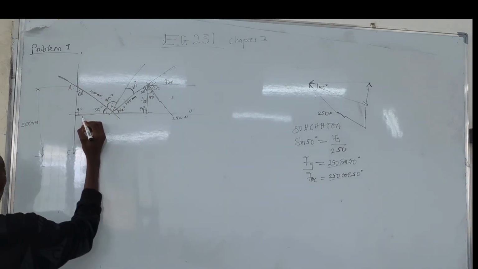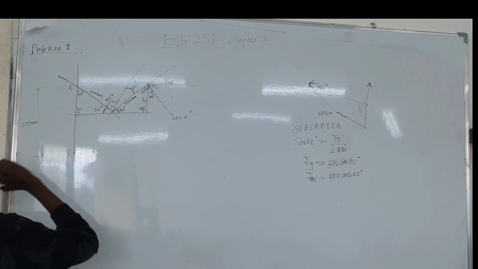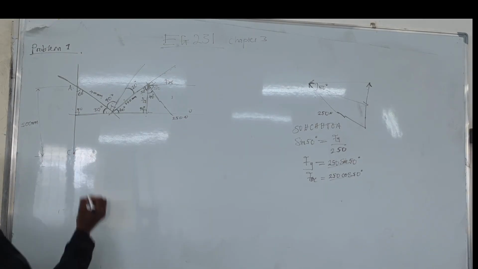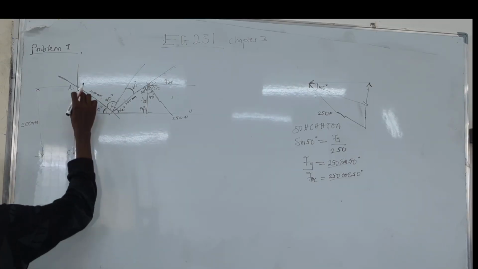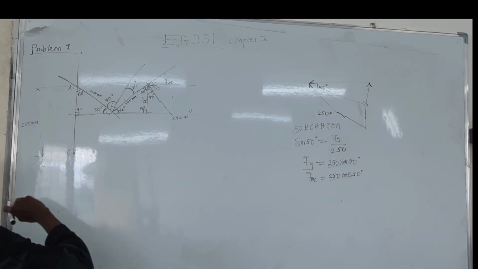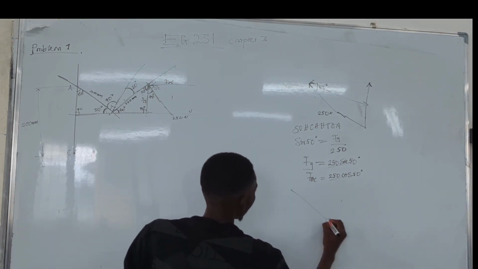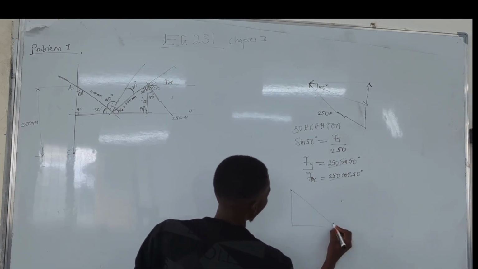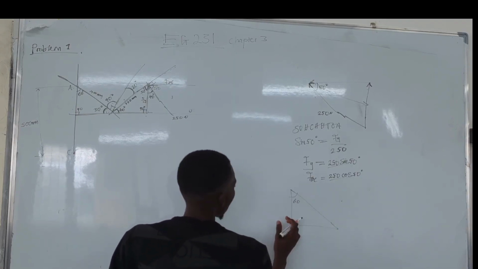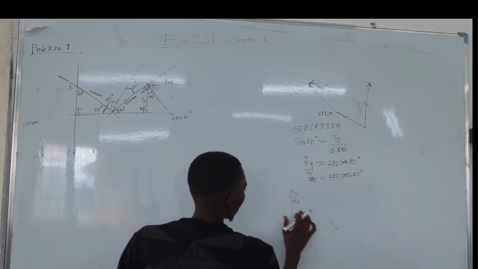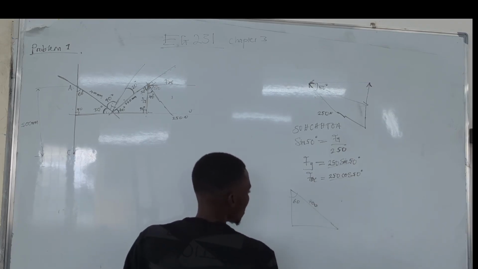So we need to find this distance and that distance using SOHCAHTOA, okay? We can either use this angle or that angle, it is okay. So for this case, let us use 60, okay? So it's like this. So we have 60 degrees and the distance in the y and the distance in the x. And we have a 400 distance here.